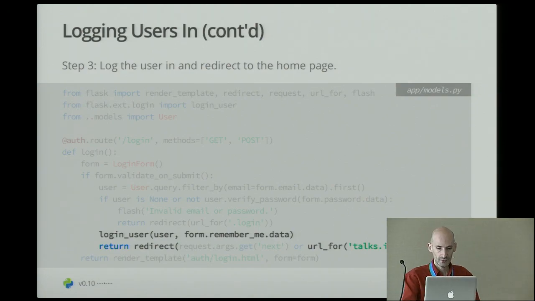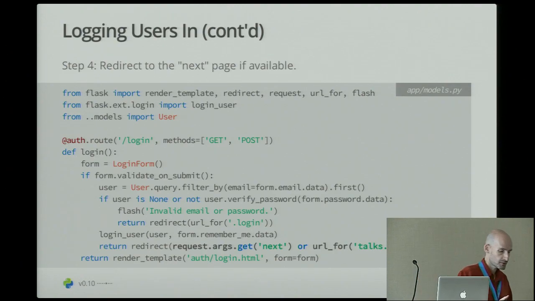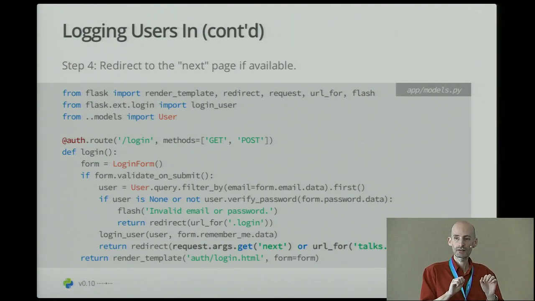But there's a twist. As I said before, if you type the URL of a protected route directly in the browser, and you're not logged in, then Flask-Login will not let you in. It will send you to the login page instead. A nice feature of Flask-Login is that it remembers what your original page was.